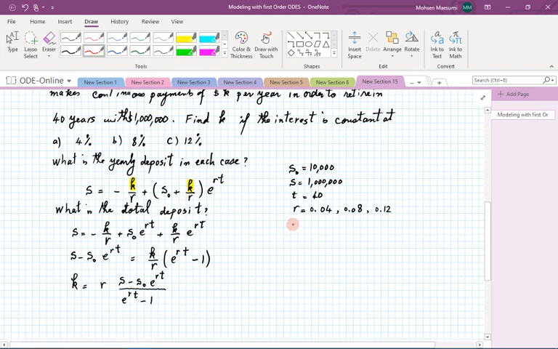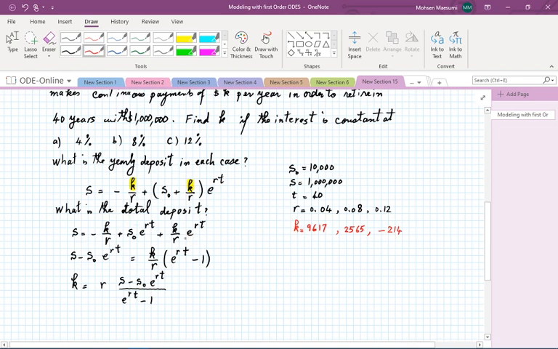So we found out for 4%, the amount of yearly deposit you had to put was almost, let me round it so that I don't crowd the screen here, 2,500 and some change, and at 12%, we had a fortunate situation that we could actually withdraw money and still make it to $1 million. So what's the yearly deposit in each case? That's how much we should deposit, and that was actually a withdrawal.